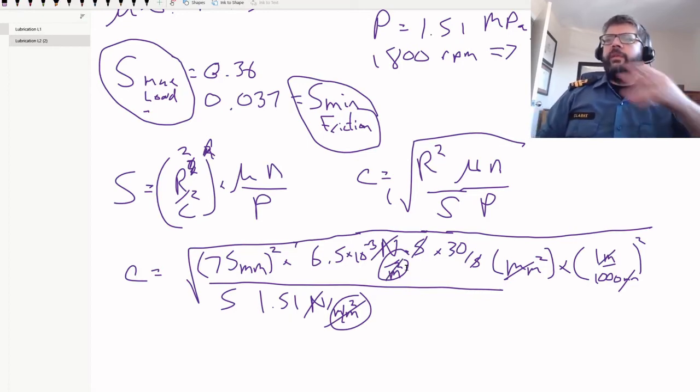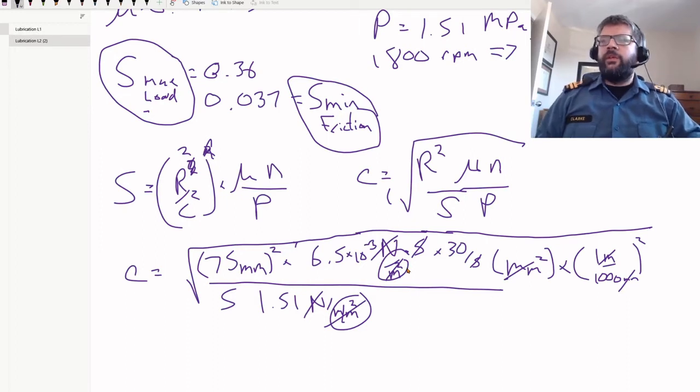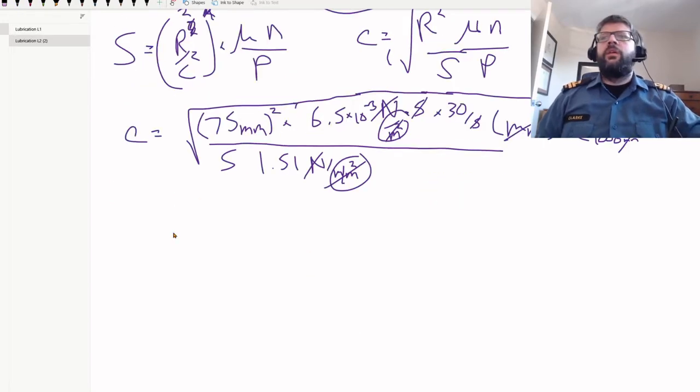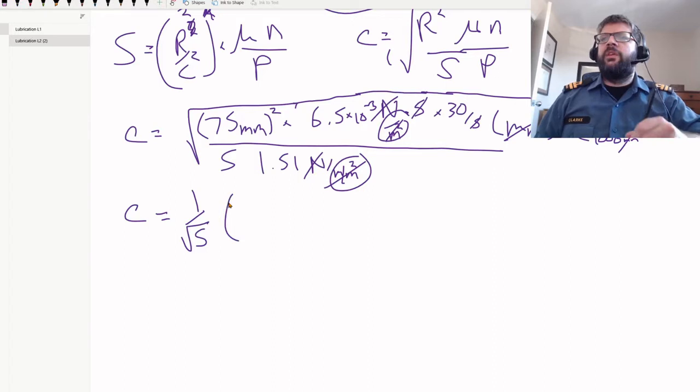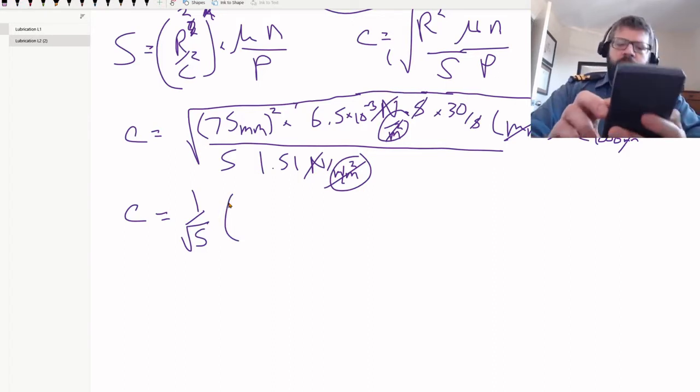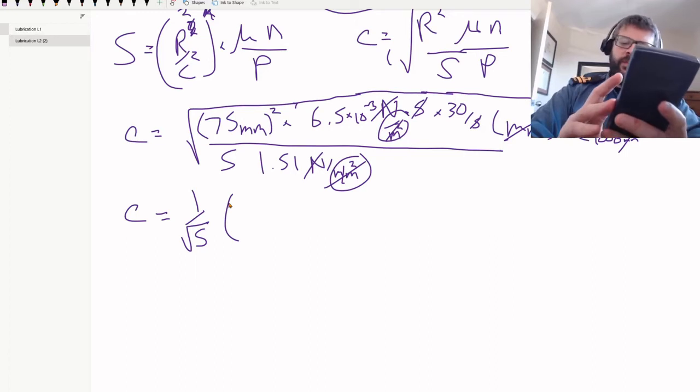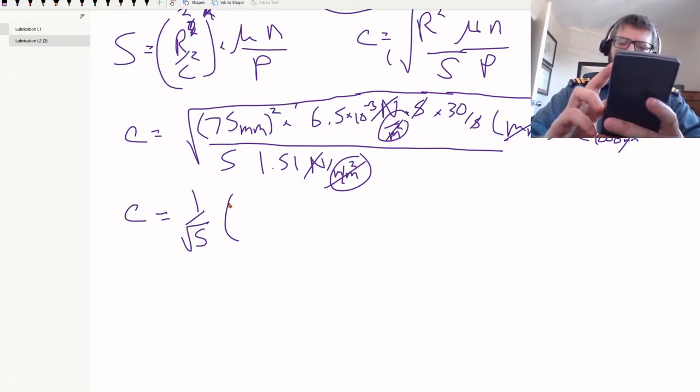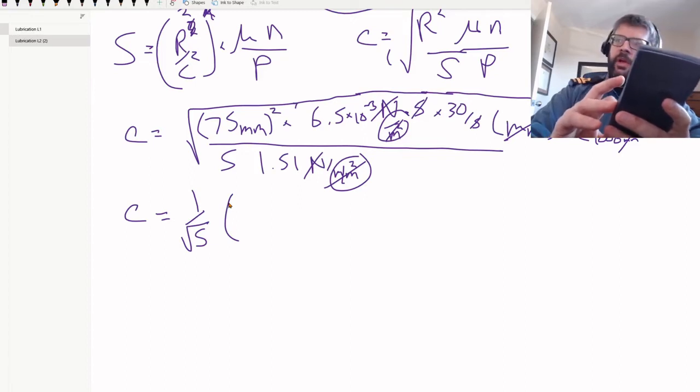So we are left with a term whose only units are millimeters squared, and then we take the square root of that. Our S term is non-dimensional, so I'm going to take that out. Our C is equal to 1 over the square root of S times 75 squared times 6.5 e negative 3 times 30 divided by 1,000 squared divided by 1.51.